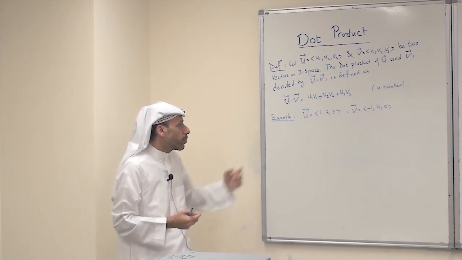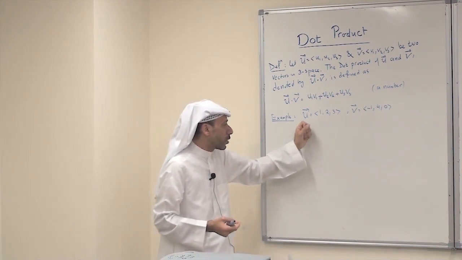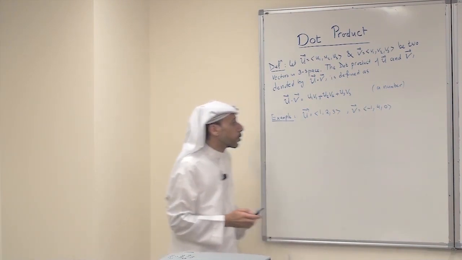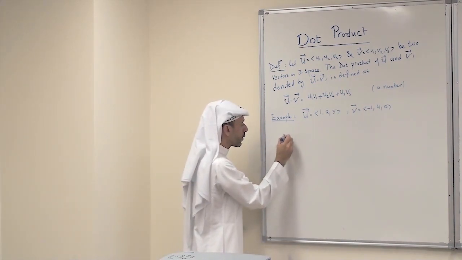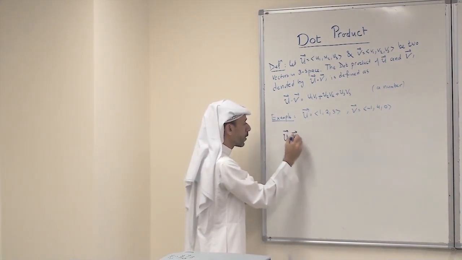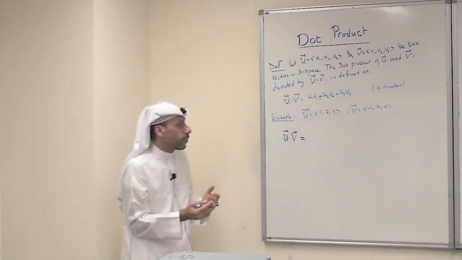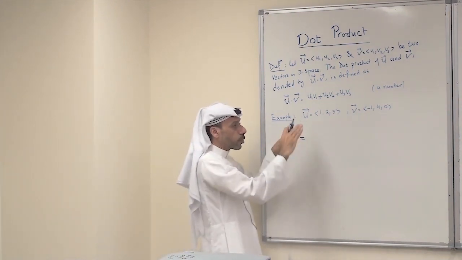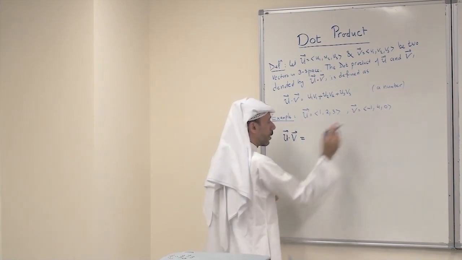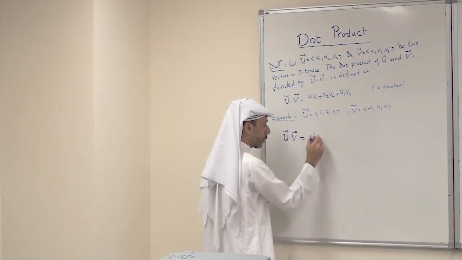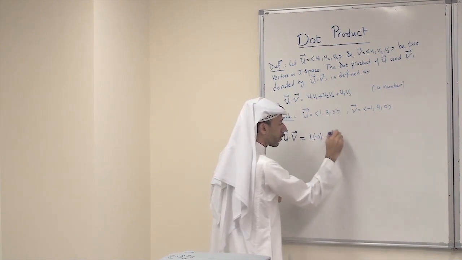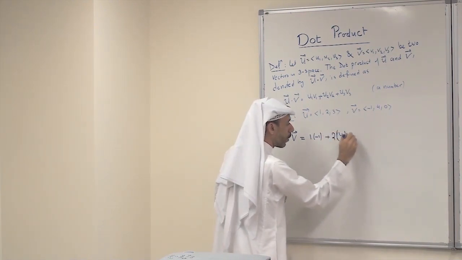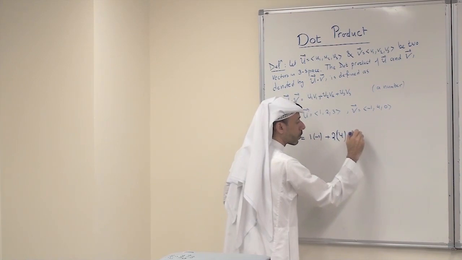Let's consider one example here, given the vector U and the vector V with the corresponding components. The dot product U dot V is computed as follows. You just multiply the corresponding components: 1 times minus 1, plus 2 times 4, plus 3 times 0.